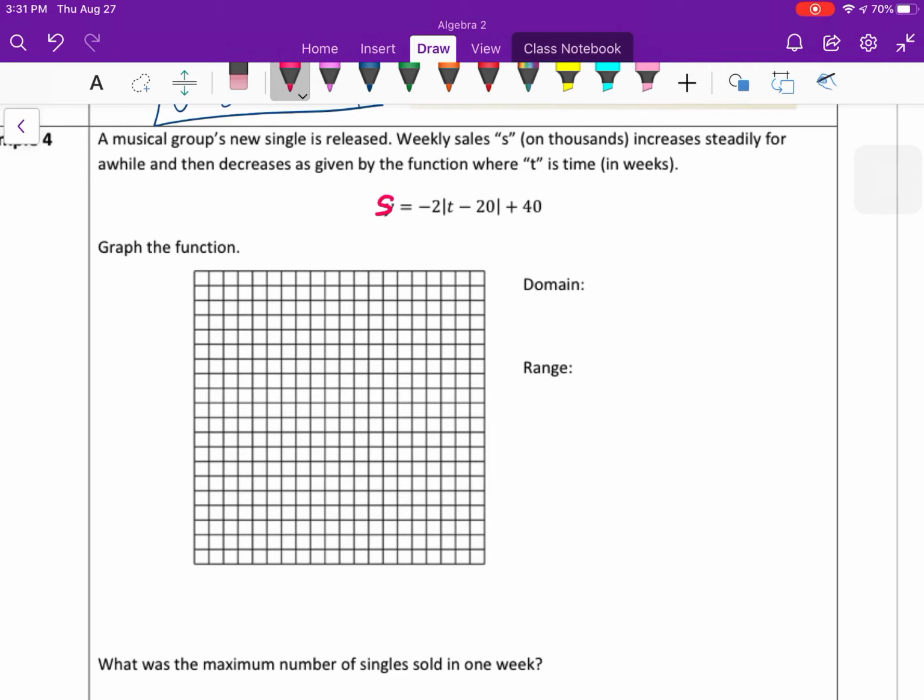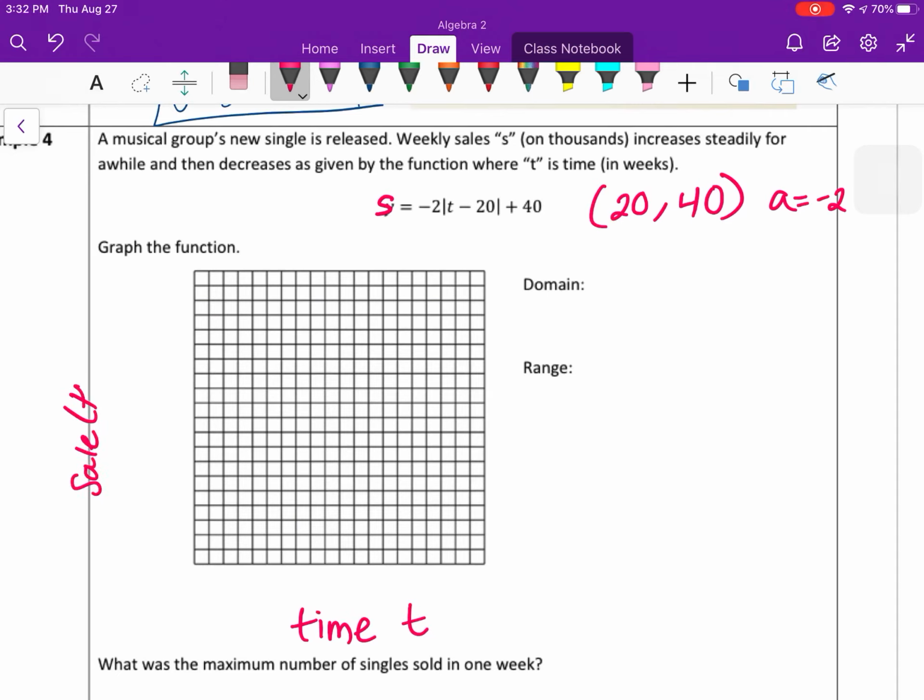So let's graph this. Let's think about a few things first. We need a vertex of positive 20 and positive 40, and then our A value is going to be negative 2. To have a vertex of (20, 40), I'm probably going to count by 5s. Time is our X, so time T goes on the X-axis.